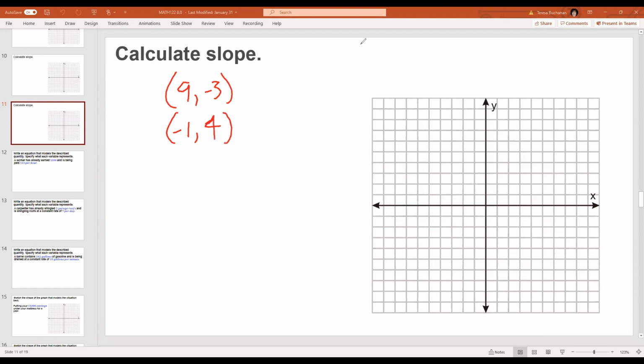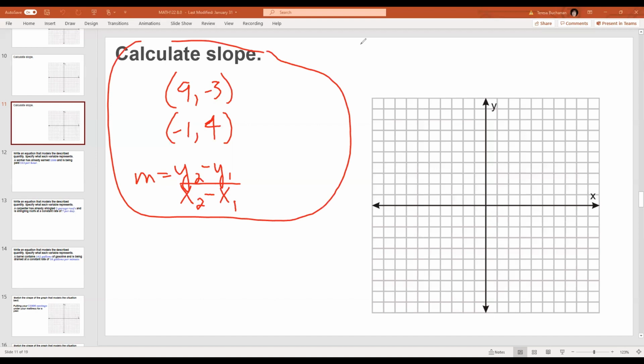Don't forget, there's no reason it has to be a whole number. It could be a fraction. So I would like you guys to calculate slope for these 2 points, y2 minus y1 over x2 minus x1. So get the calculation done and then turn it in.